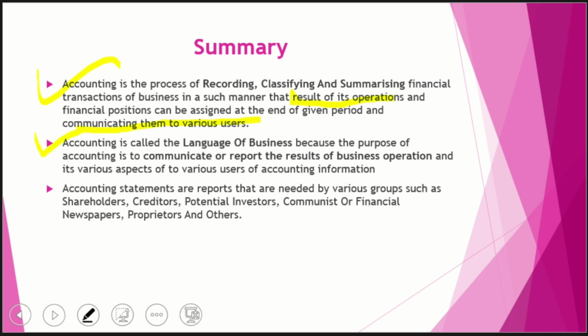Next, accounting is called the language of business. Very important. Accounting is called the language of business because the purpose of accounting is to communicate, to report the results of business operations to the various users of accounting.